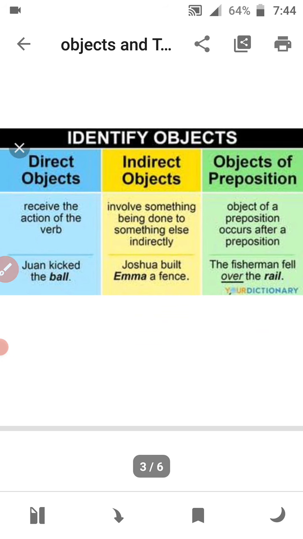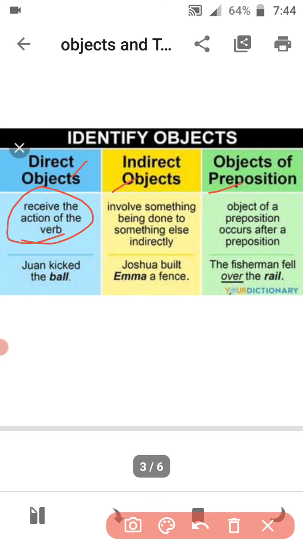So next, there is the identification of the object, which I have already told you. There are three types of object. One is direct, next is indirect, and the other is the object of a preposition. As I have told, the direct object receives the action of the verb. Indirect involves something being done to something else indirectly.